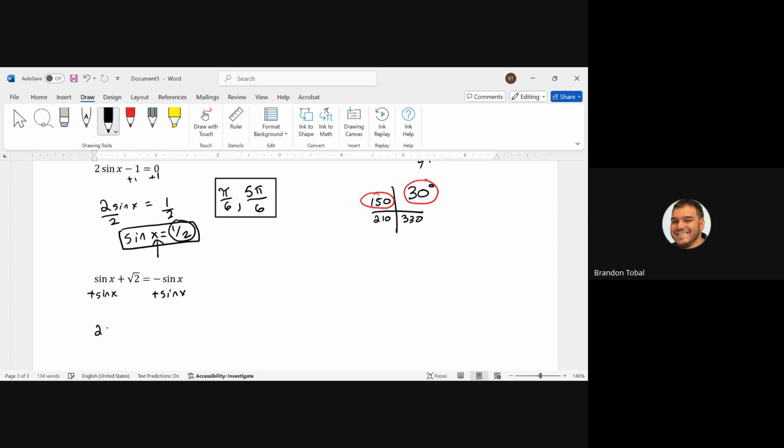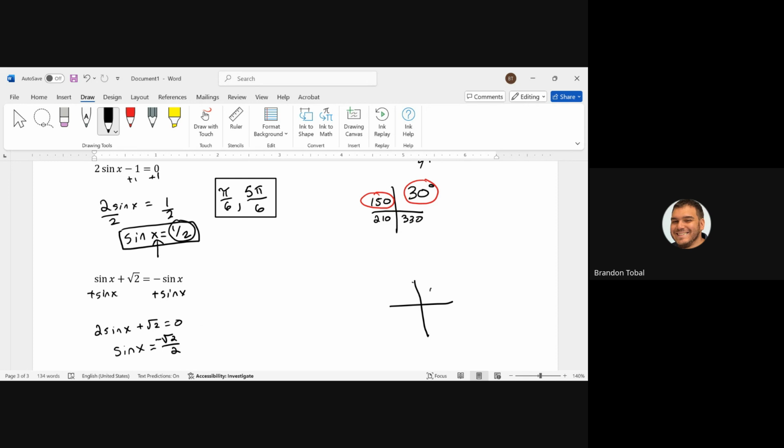So I got 2 sine x plus root 2 equals 0. Get sine x by itself. Subtract root 2, then divide by 2. I have negative root 2 over 2. So what angles have sine at root 2 over 2?